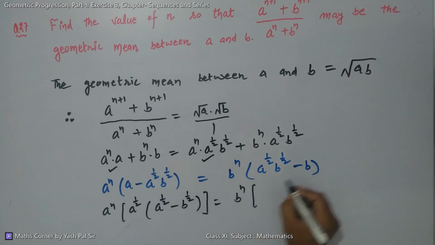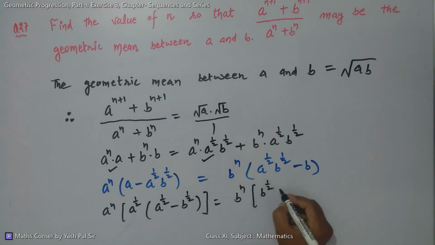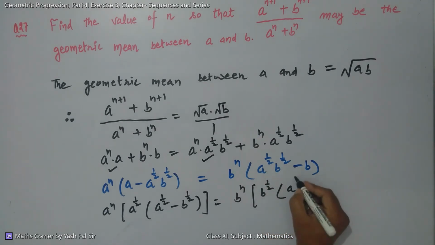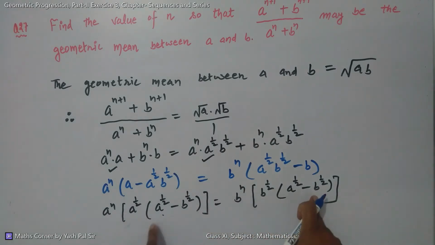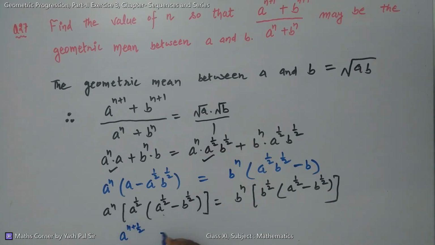Here we take b^(1/2) common, so we are left with a^(1/2) minus b^(1/2). Right? Now left hand side, right hand side, this is the common factor. a is not equal to b, so we cancel them. So what we are left with? We are left with a^n plus 1/2 equal to b^n plus 1/2.